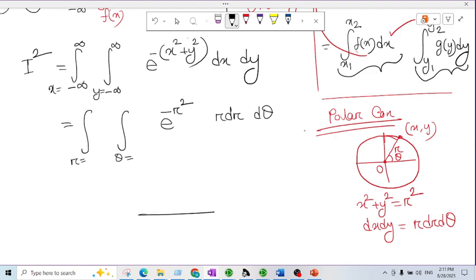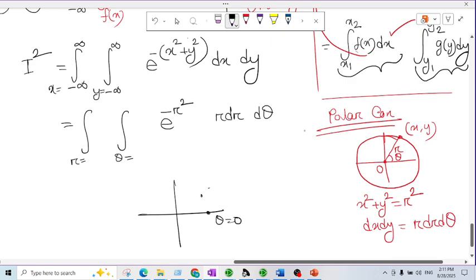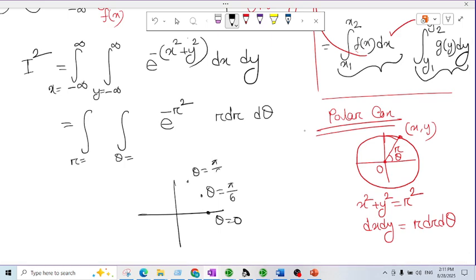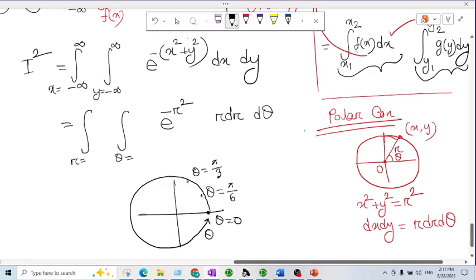First of all, you see that here theta is equal to 0. Here let's say theta is equal to pi by 6. Here you have theta equal to pi by 3, and to integrate you have to rotate around this circle, and here theta is actually twice pi. That means the range of theta will be from 0 to twice pi.